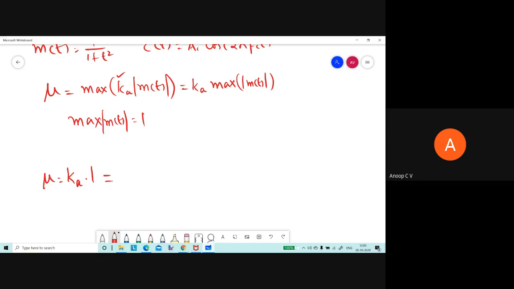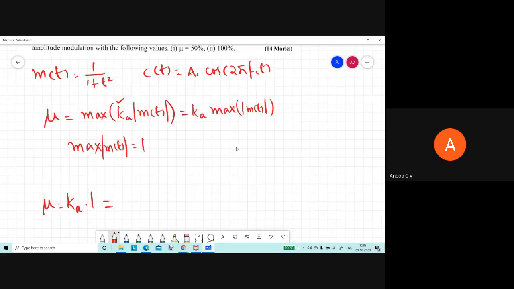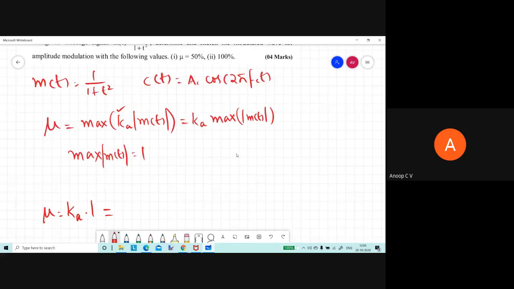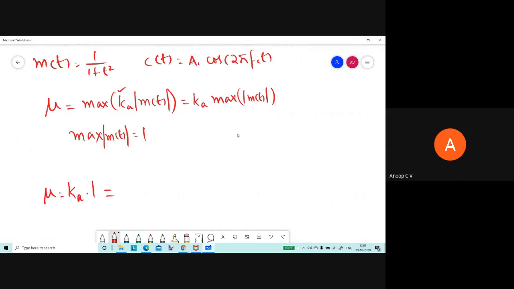In this case, fortunately, mu and Ka are the same, but we will see another case where mu and Ka will not be the same. So in the first case, mu is equal to Ka into 1, that is equal to 0.5, which implies Ka is equal to 0.5.